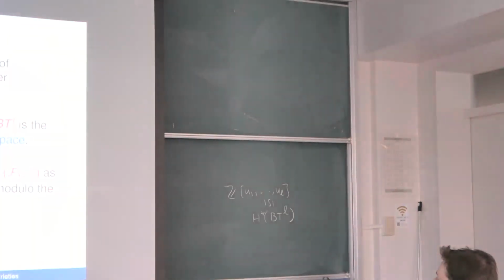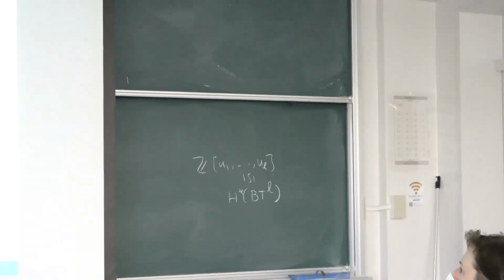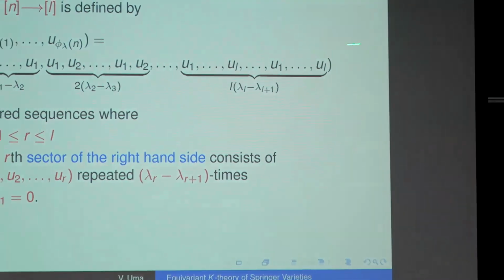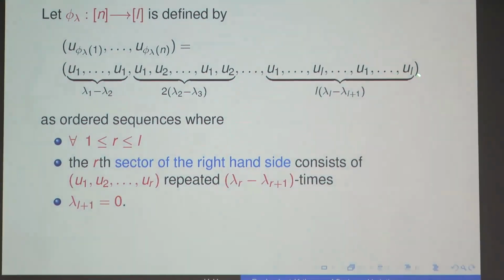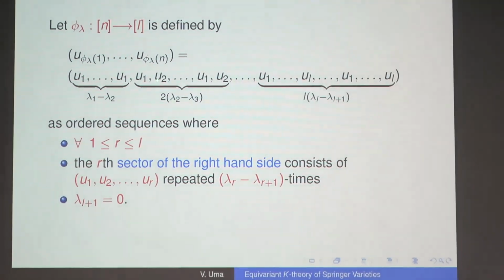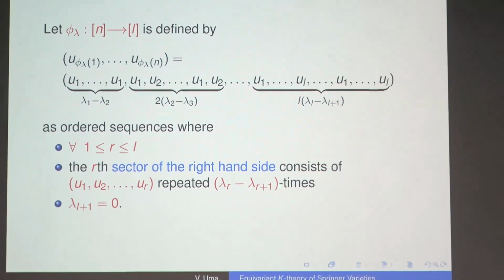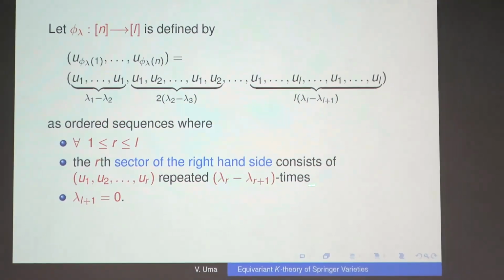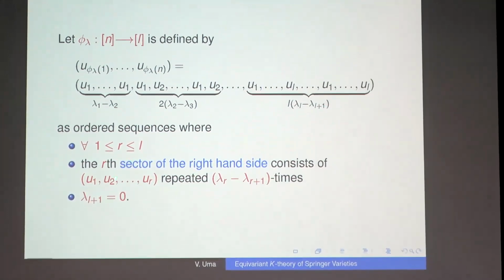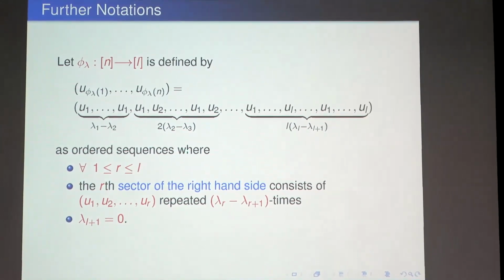Once we fix that, we give this map phi_lambda from n to l in this manner. It will be one of the numbers from 1 to l, depending on how we give this sequence. So u_1 repeats, then u_2 occurs exactly lambda_r minus lambda_{r+1} times. Because they are decreasing, we can repeat it so many times. The total will be n, because this is a partition of n, lambda_1 up to lambda_l.